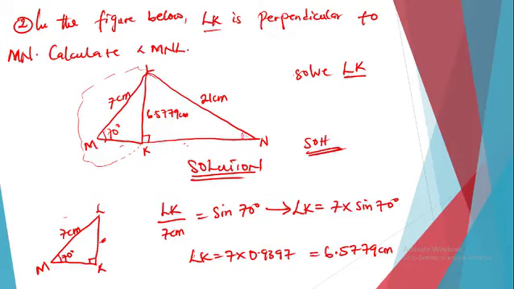So we now need to solve for this remaining triangle LKN. Let's go over to the next page as we draw it. We have something like this.